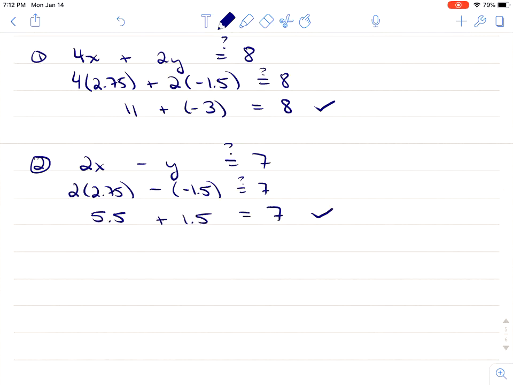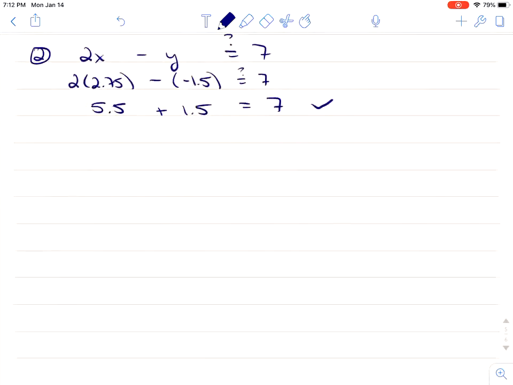So these two lines intersect when x is 2.75 and y is negative 1.5. So in terms of just kind of taking it to a graph here, x, y, x is 2.75 and y is negative 1.5.